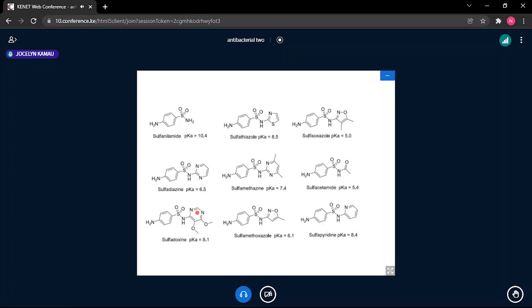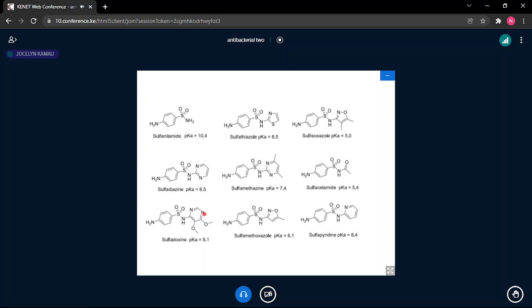So the pull by these electrons, by this nitrogen, will be much lower than you'd expect in sulfadiazine, because this nitrogen is well placed, but the second nitrogen, you would have expected it to be in this position, but now it's further away than when you are considering sulfadiazine, so that decreases the electron withdrawing ability of the second nitrogen.